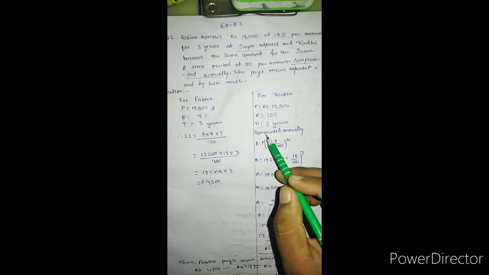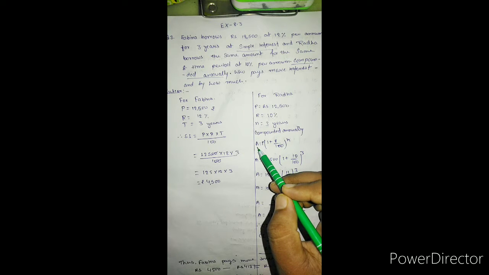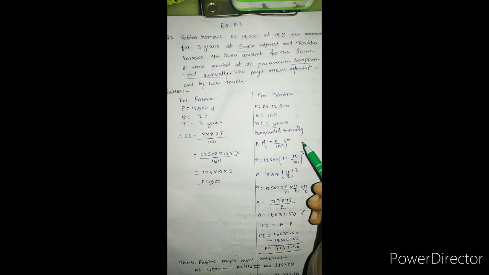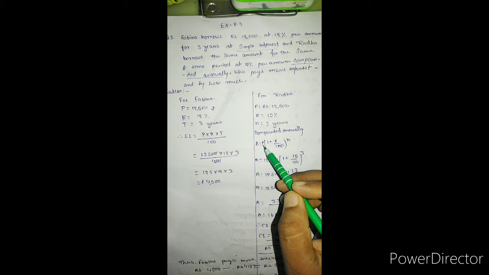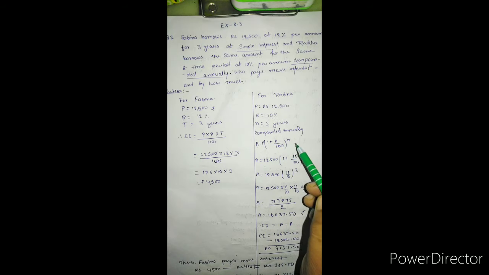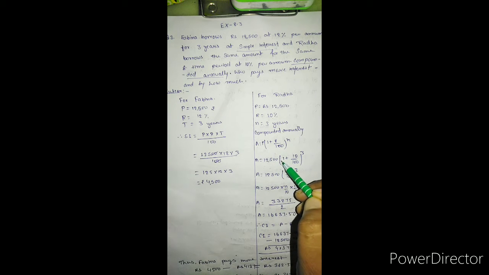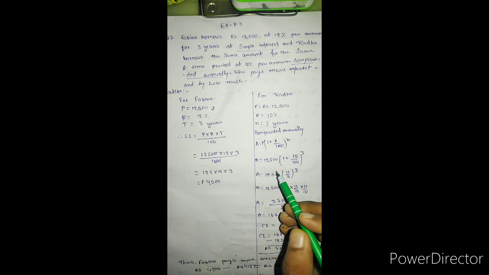So for compounded annually, the formula is amount equals P into 1 plus R by 100 to the power n, where P is the principal amount, R is the rate of interest, and n is the number of years. Now put the values of P, R and n: P is 12,500 into 1 plus R is 10 by 100, n is 3.